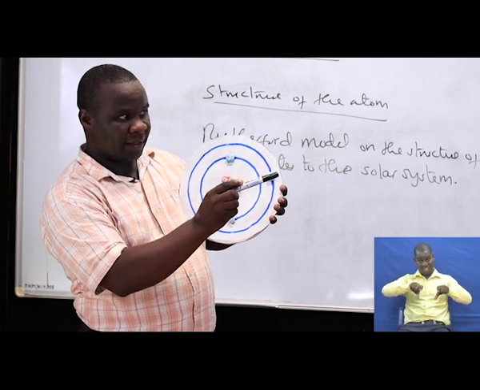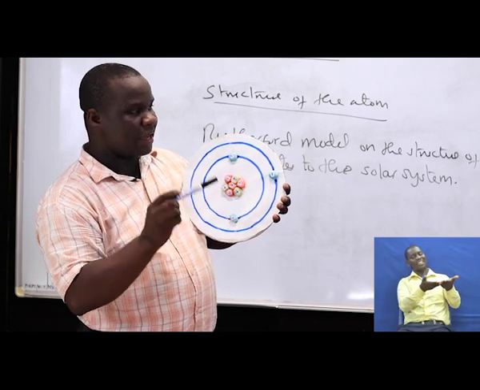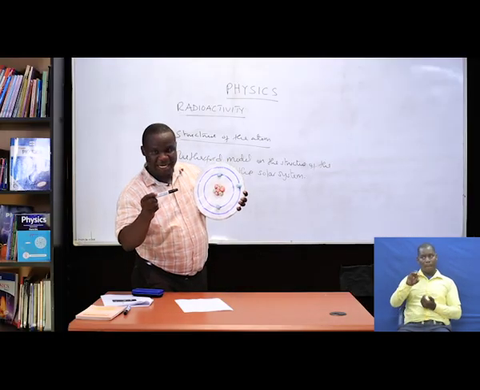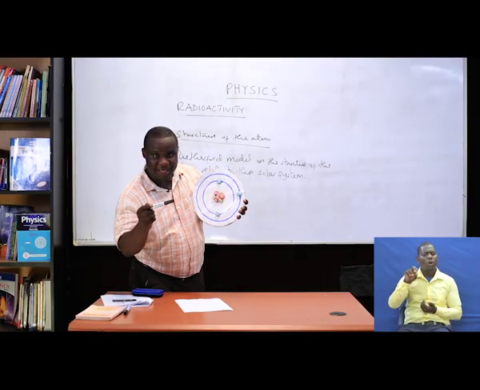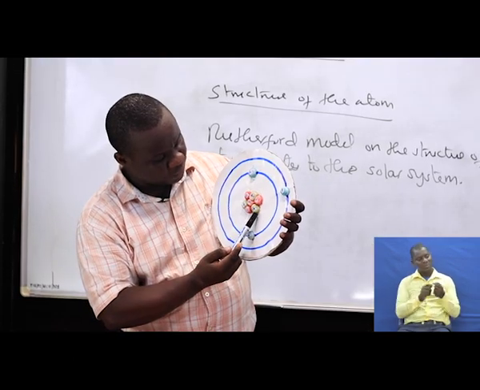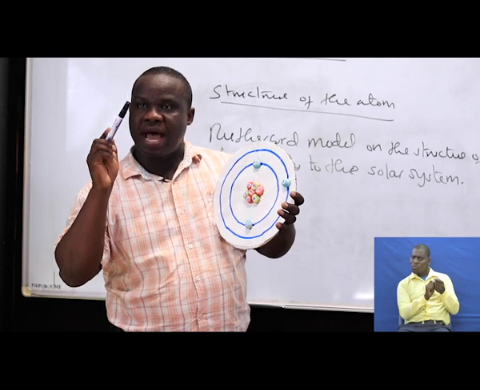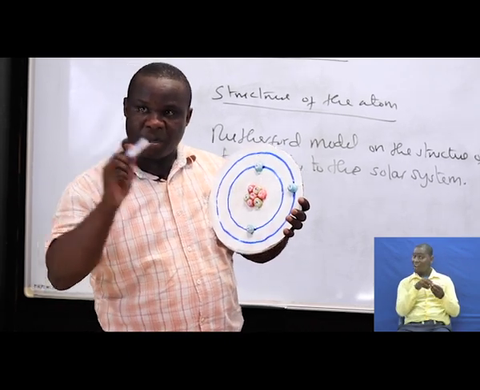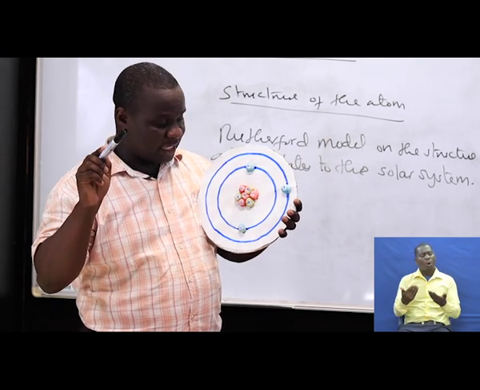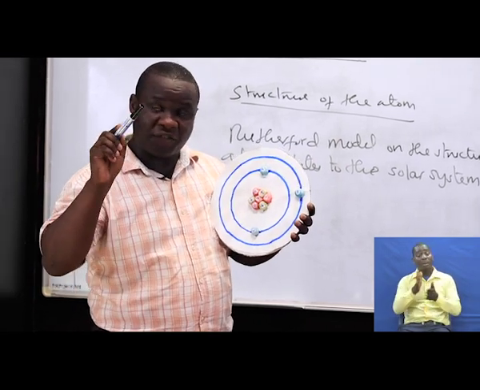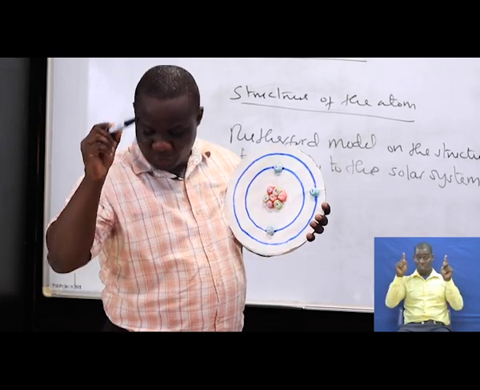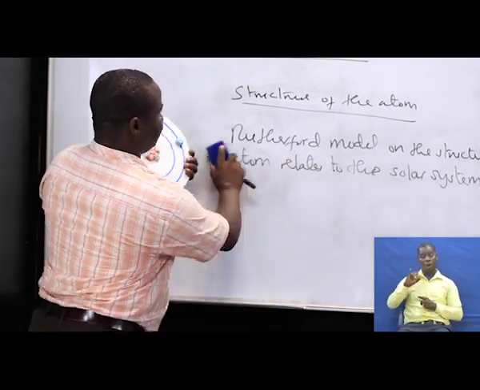Now, let us go to our model. How many protons does our model have? Let us count. There are 1, 2, 3. So we have 3 protons. What is the element found at position 3 in the periodic table? Very good, it is lithium. Let us write it.